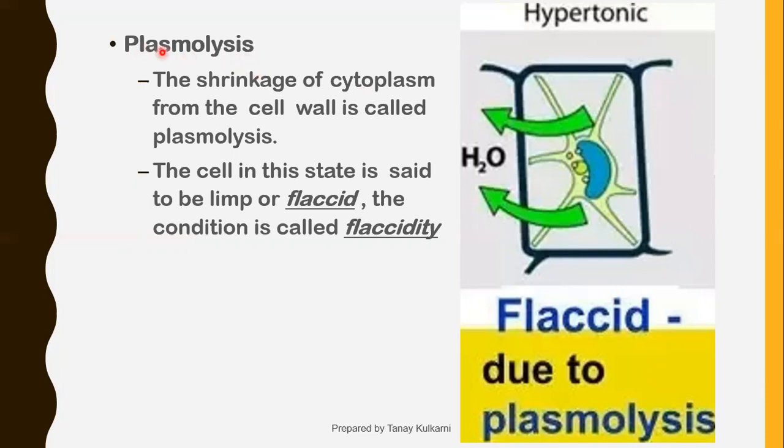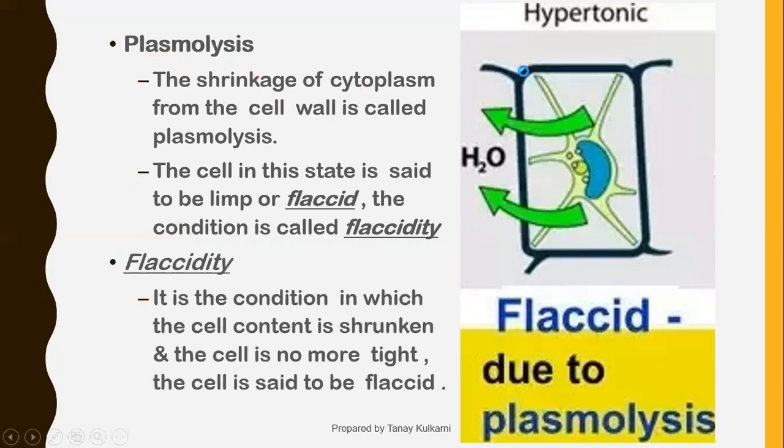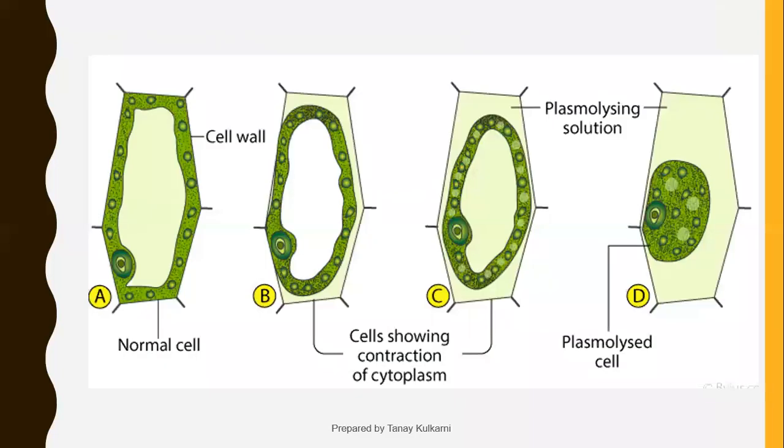Water from the cell will come out. The water from the cytoplasm will come out and the cell will shrink, or become flaccid. The condition is called flaccidity. Definition: flaccidity is a condition in which the cell content is shrunken and the cell is no longer turgid.